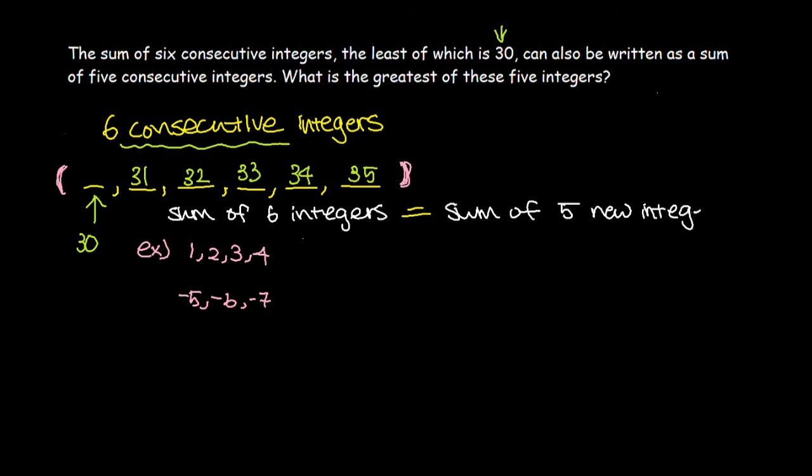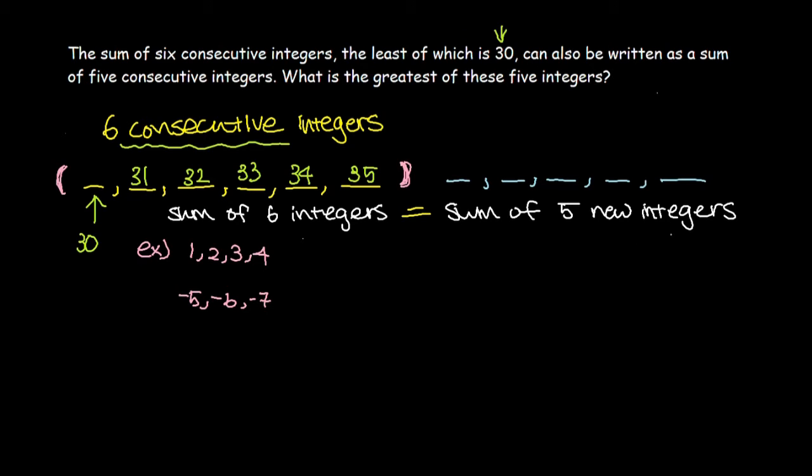We don't know yet what they are, but we already know there are going to be 5 integers, and they're going to be consecutive also. So the sum of these 6 integers is going to be equal to the sum of the other 5 integers.